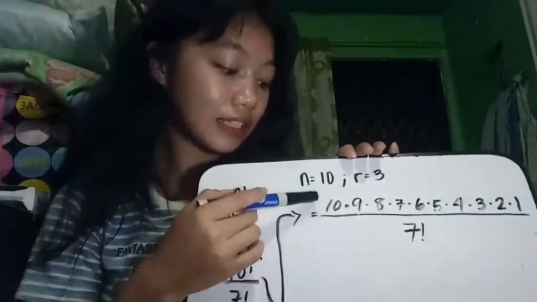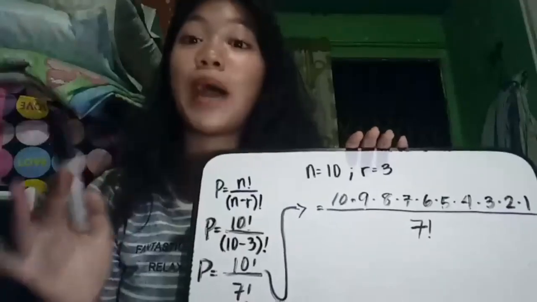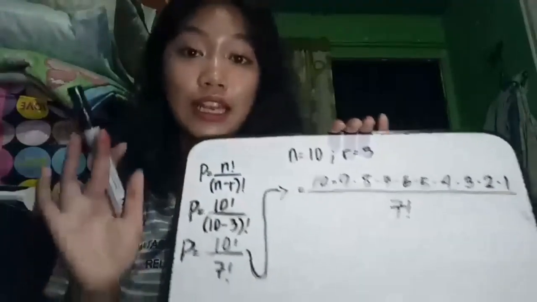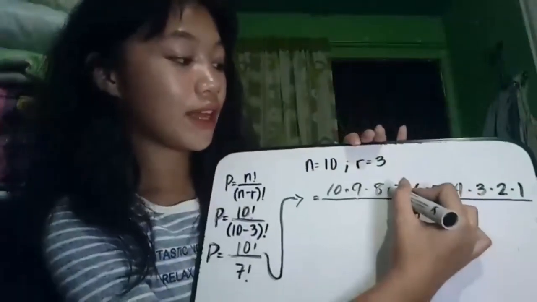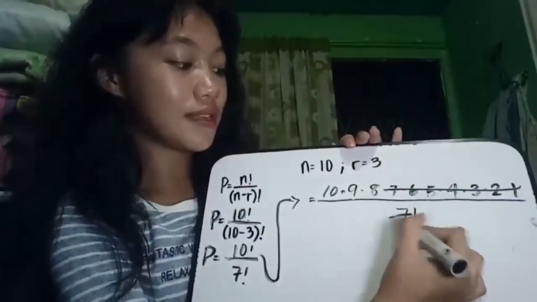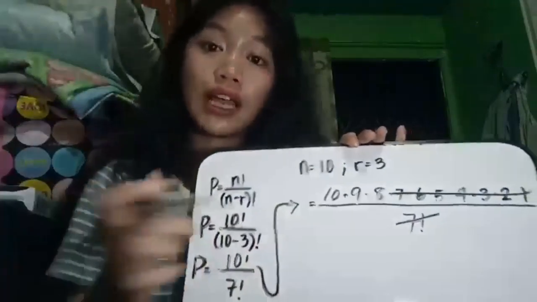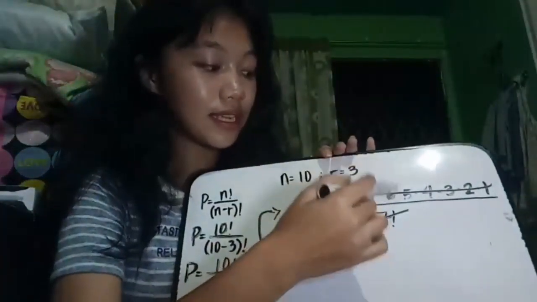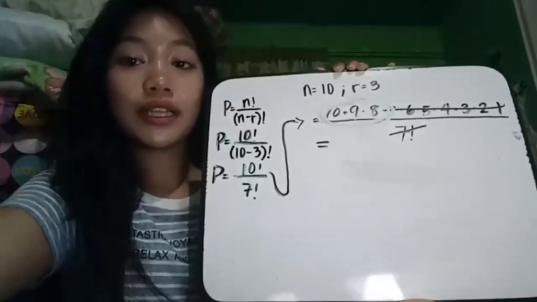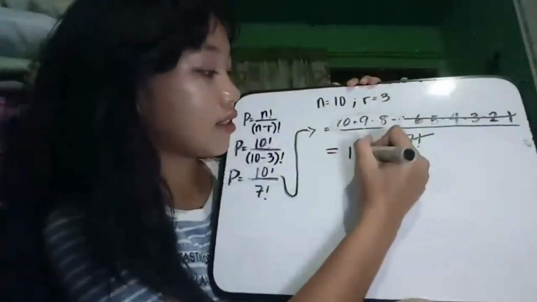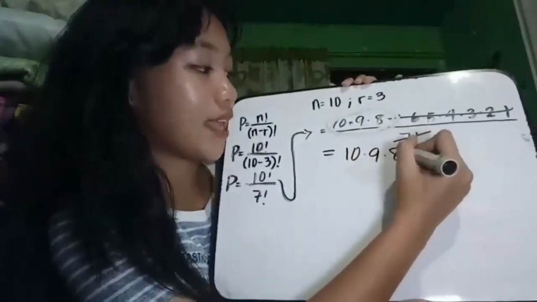Pero itong nasa taas, hindi natin siya pwedeng hindi i-expand kasi paano natin siya ika-cancel kapag hindi natin in-expand. So, in this case, i-cancel na natin yung 7 factorial, kasi ang 7 factorial at itong 7 times 6 times 5 and so on hanggang 1 ay isa lang ang value. So, ang natira na ngayon ay yung 10 times 9 times 8.